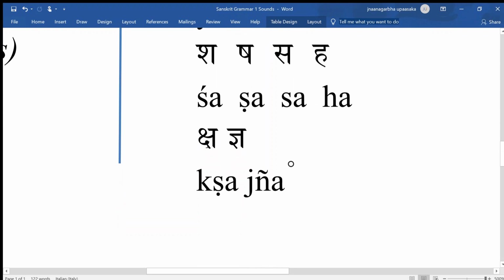As for kṣa and jña, these two are conjuncts, and there are many other possible conjuncts in Sanskrit, but we normally include these two because their pronunciation differs remarkably in different parts of South Asia.